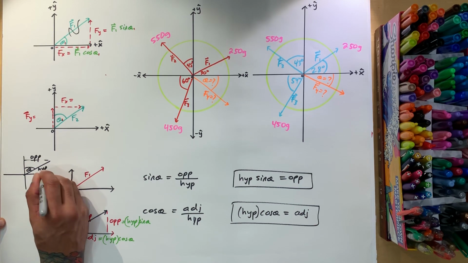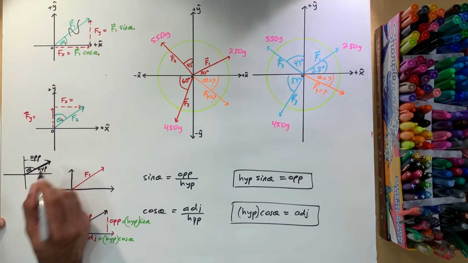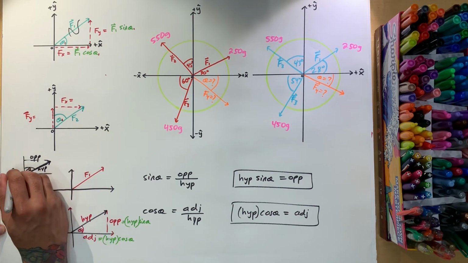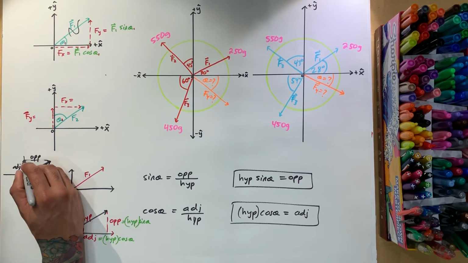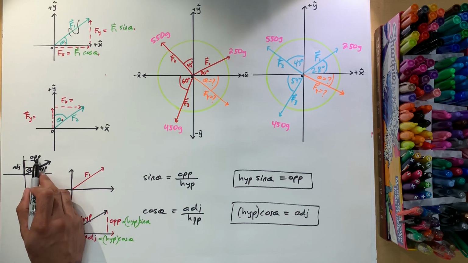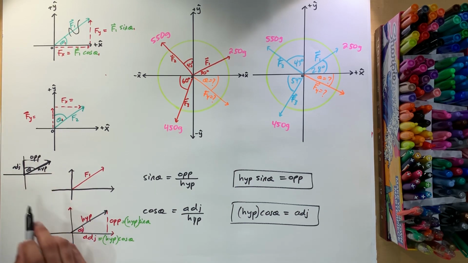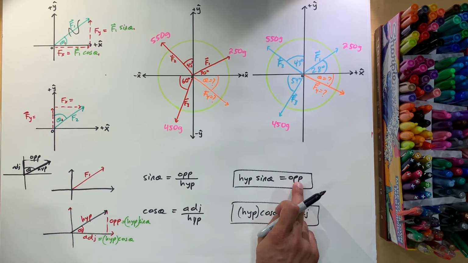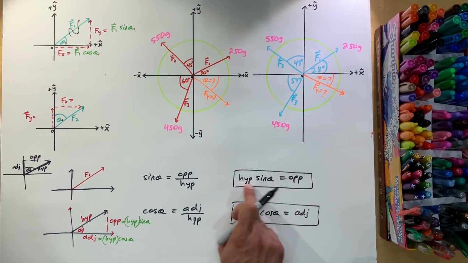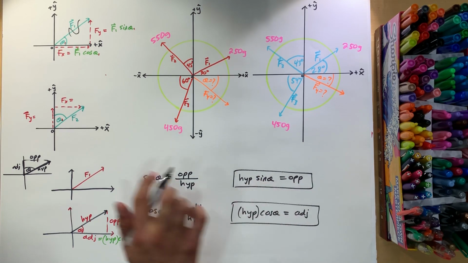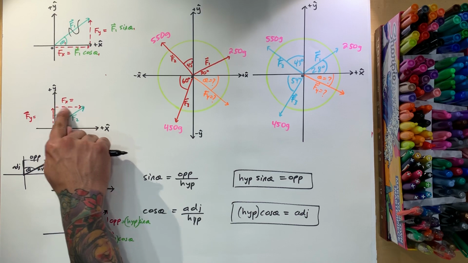This is hypotenuse, this one right here, and this is adjacent. Okay, so now we want to represent the opposite side. So what do we got to do? We know that the opposite is hypotenuse times sine. Perfect. This is the opposite side.